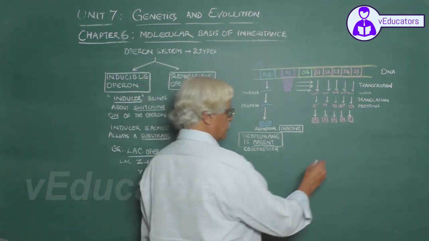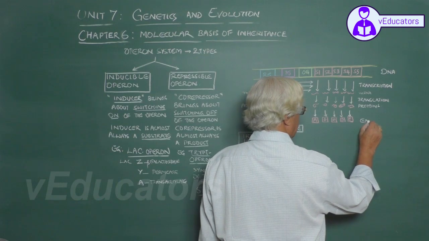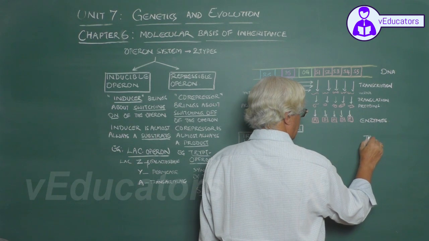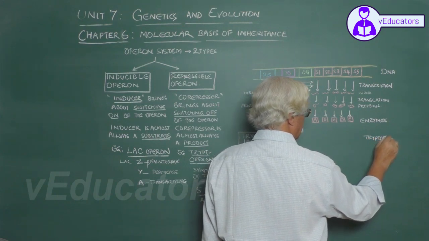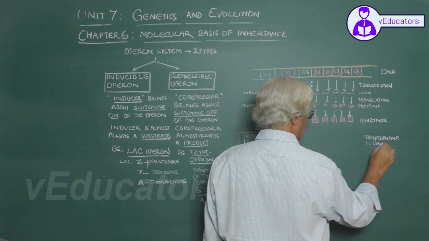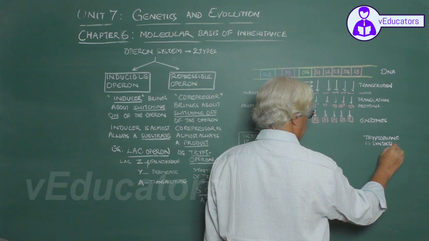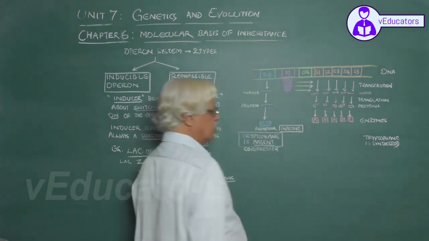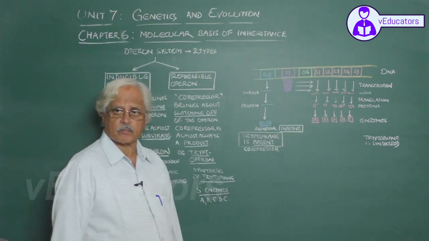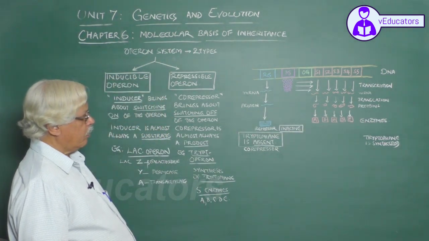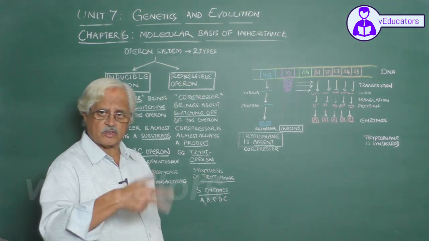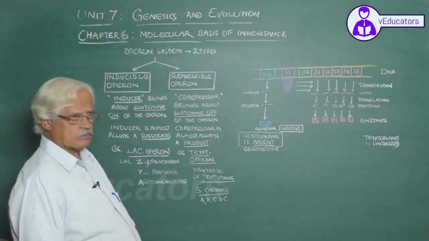Therefore, the cell now actively synthesizes tryptophan. The genes have been switched on. So tryptophan is now available to the cell. So the cell starts using this tryptophan to build up its proteins.